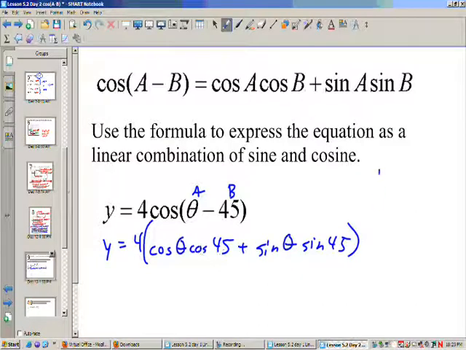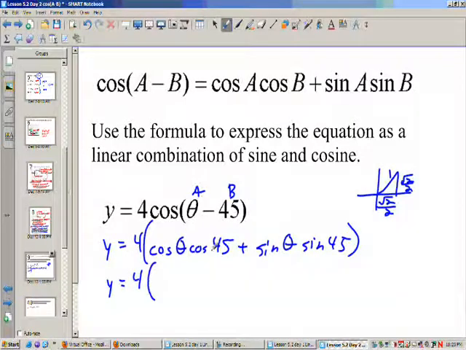Now, we all know that the sine and cosine of 45 is the same, which is root 2 over 2. So this is going to be y equals 4 times root 2 over 2 cosine theta plus root 2 over 2 sine theta.